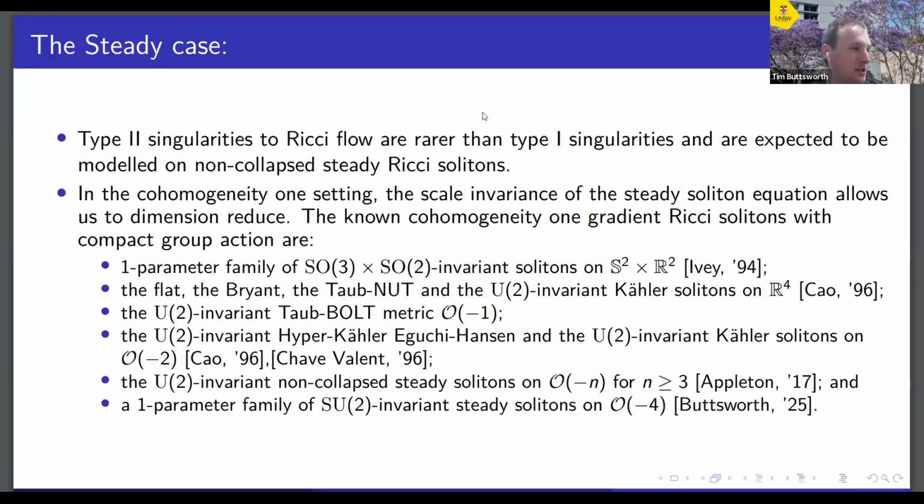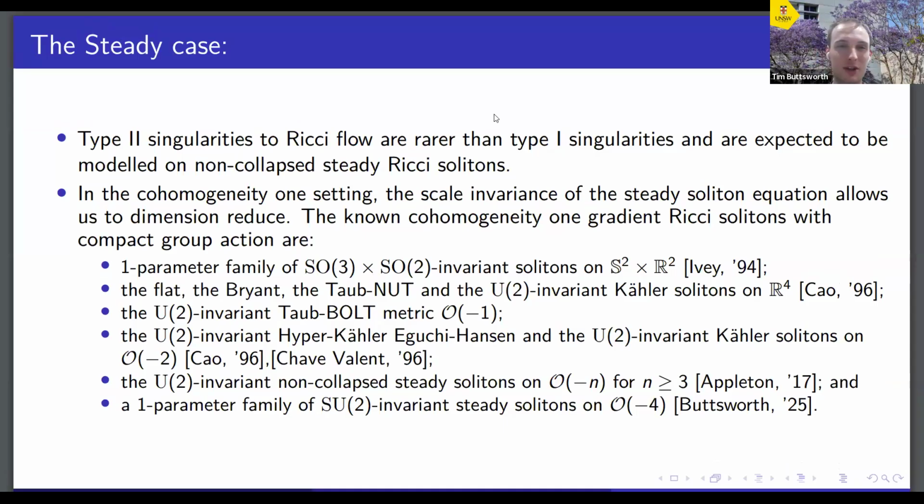I suppose I have a question for you, Patrick. So I guess expanders and steadies are necessarily non-compact, but shrinkers are not necessarily compact. Have you done much in the way of studies of non-compact shrinkers?